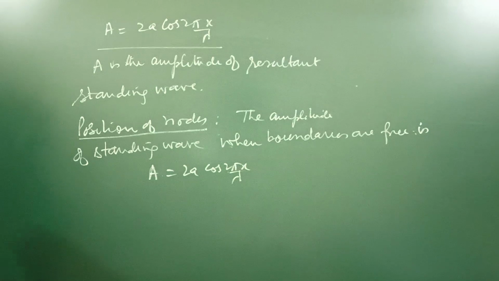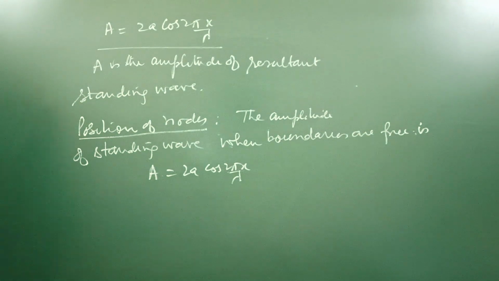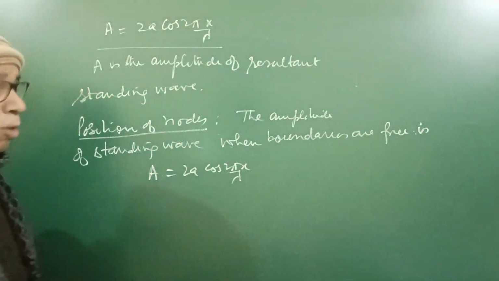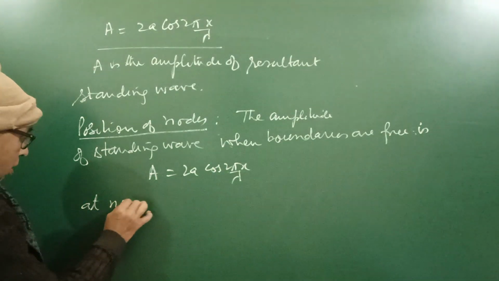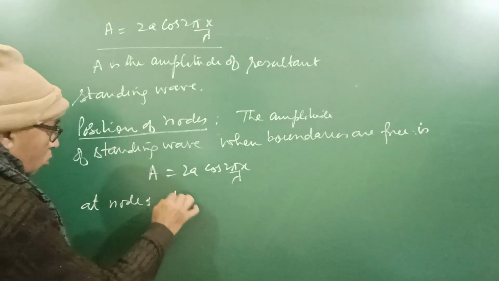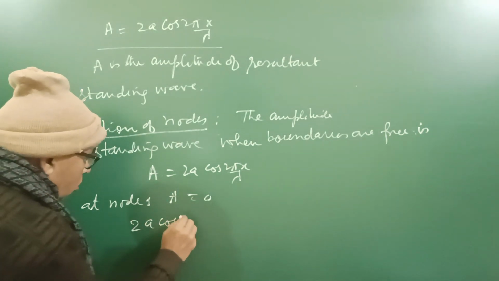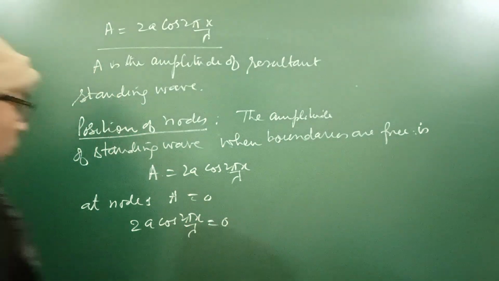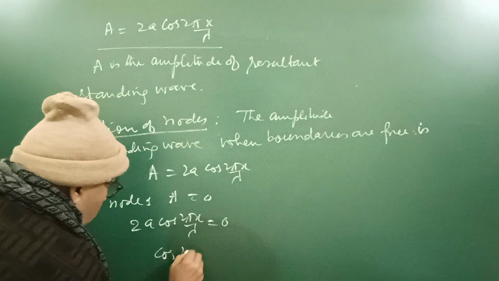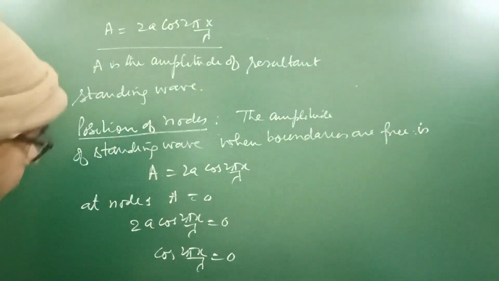This is the amplitude of the standing wave when boundaries are free. So at nodes A is equal to 0. So 2a cos 2 pi x upon lambda is equal to 0, or cos 2 pi x upon lambda is equal to 0.